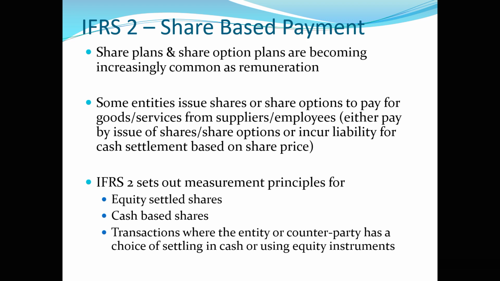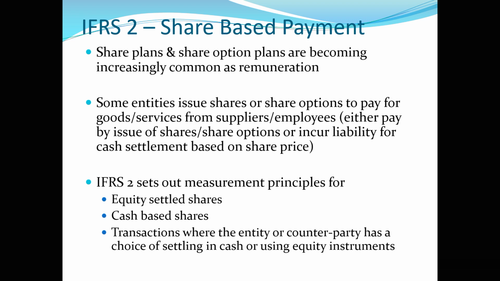So some entities issue shares or share options to pay for goods and services from suppliers or employees, either by issuing shares, share options, or incurring a liability for cash settlement based on the share price. Now, IFRS 2 sets out measurement principles for three types, but we are going to deal with two types for now.